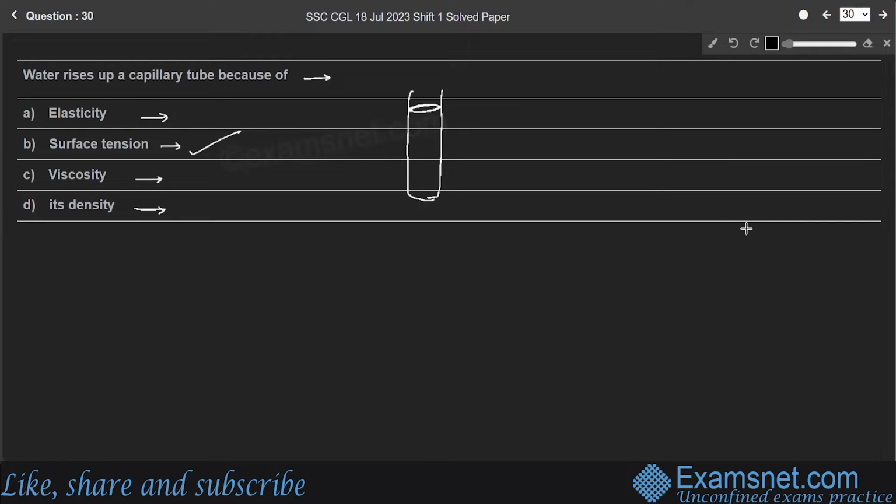So surface tension is the property of the surface of a liquid that allows it to resist an external force, due to the cohesive nature of water molecules.